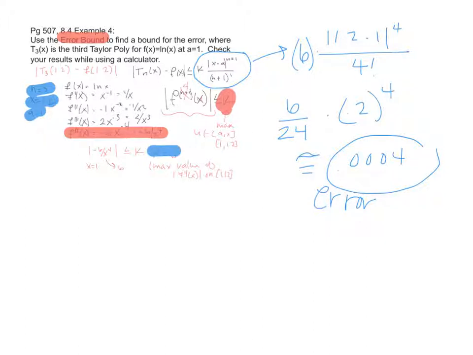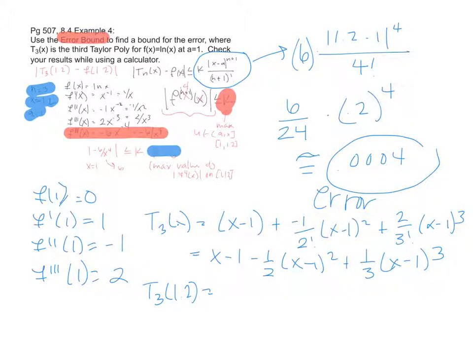So now we need to create the Taylor polynomial, and assess it at 1.2 to see what the actual error is. Using this information, go ahead and write the Taylor polynomial. So I have the Taylor polynomial written right here. Now we need to assess the actual error by plugging 1.2 into the Taylor polynomial.